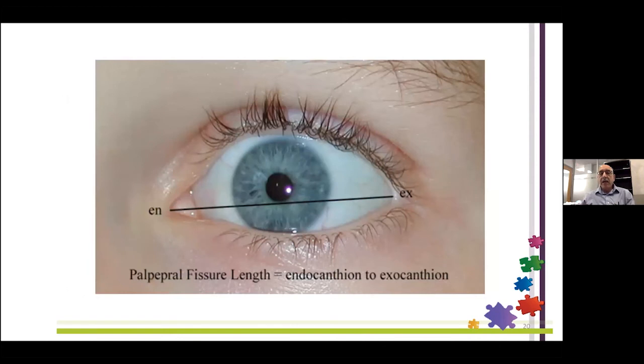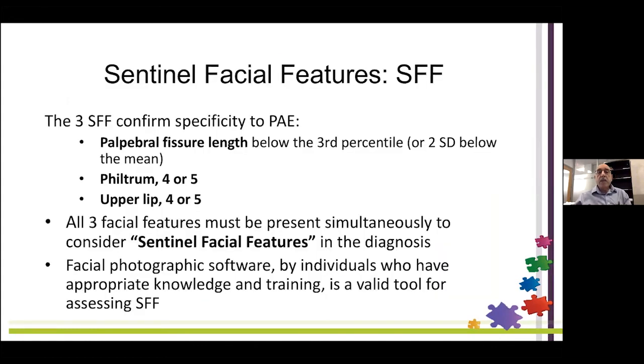When we're looking at these measurements, you can see the landmarks that are included in them. So when we say that there are sentinel facial features present, what we are saying is that the palpebral fissure length is significantly small, below the 3rd percentile, and the lip and the philtrum have received a score of 4 or 5.